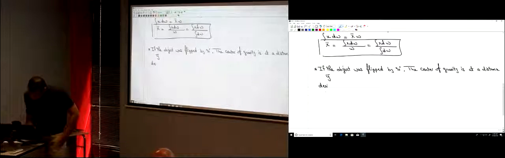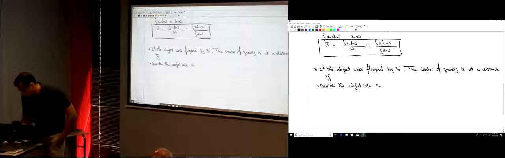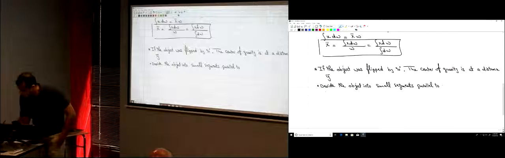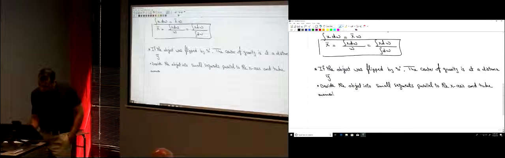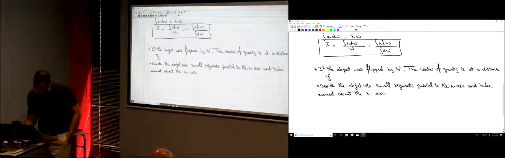So we're going to divide the object into small segments parallel to the x-axis, and take moment about the x-axis.